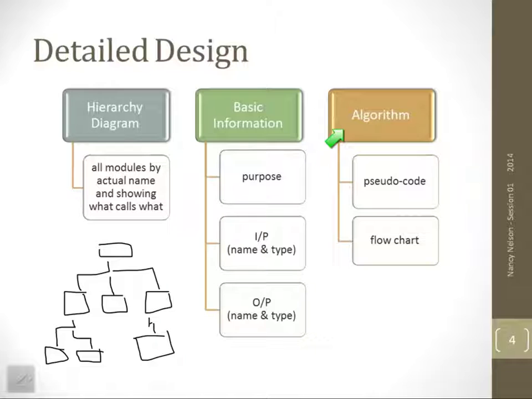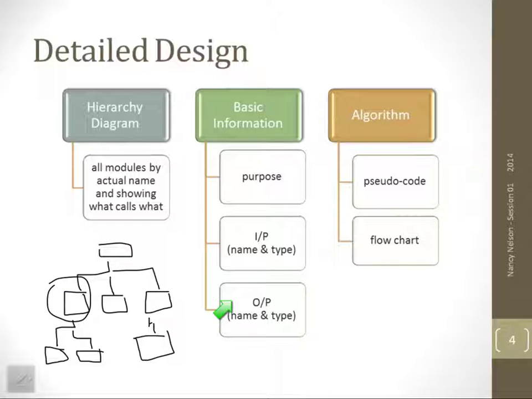So for each of these boxes, say for example we're looking at this one, our basic information would start with the purpose. So what is its main task in this process? Then we would specify all of the input variables and the type of each of those that this particular module needs in order to do its job.